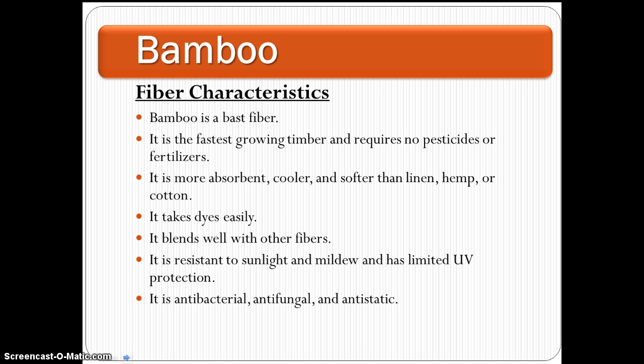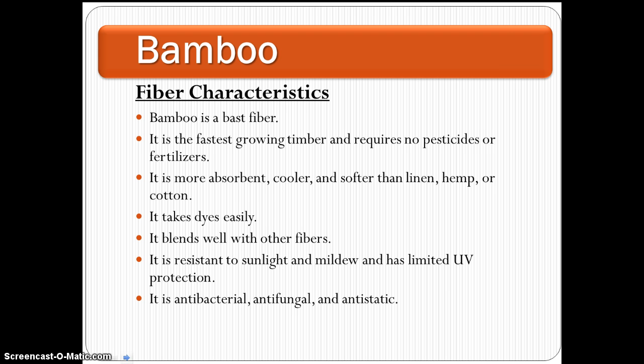But some of bamboo's characteristics is that it is a bast fiber. It is one of the fastest growing timbers and requires no pesticides or fertilizers, as cotton really needs a lot. It is more absorbent, it's cooler and softer than linen, hemp, or cotton.